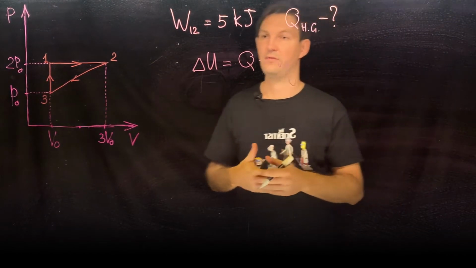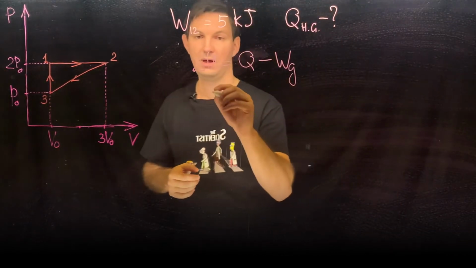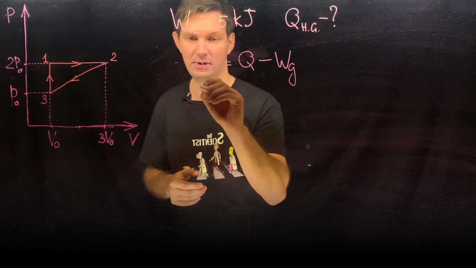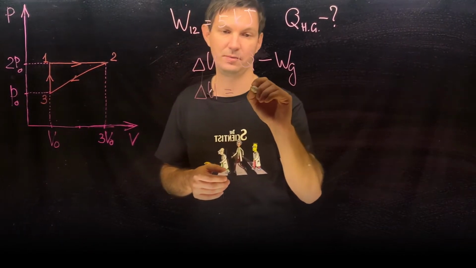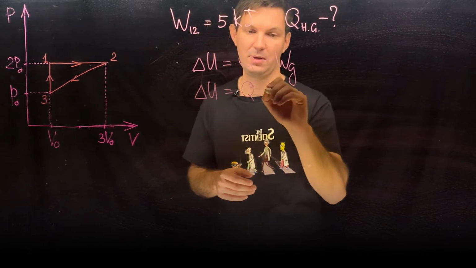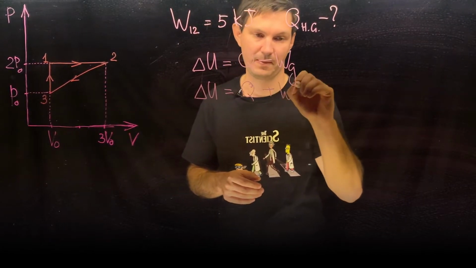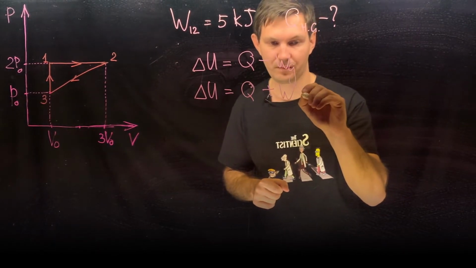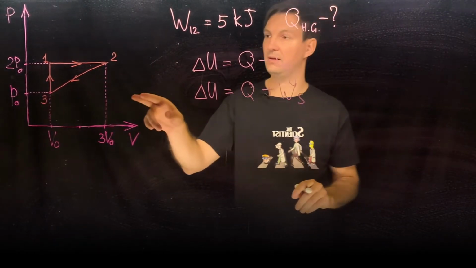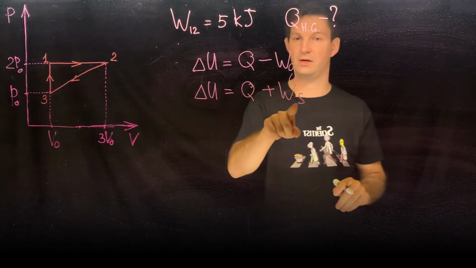And there is another view of this equation. Let's write it down. Here is the same, delta U equals Q, the same Q, and here is plus the work done on a gas by its surroundings.